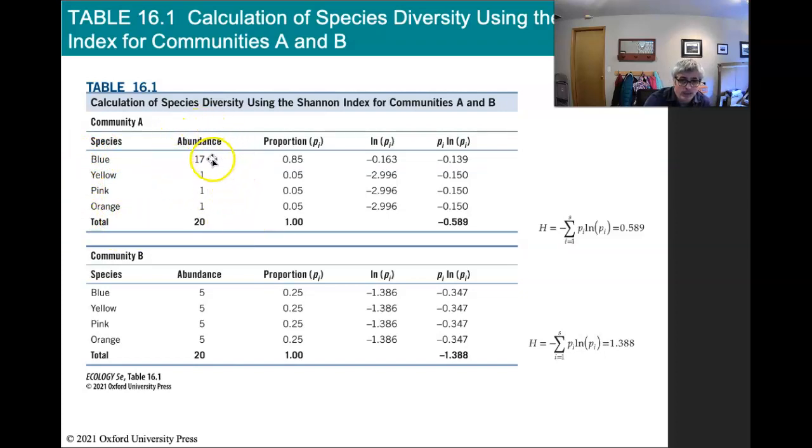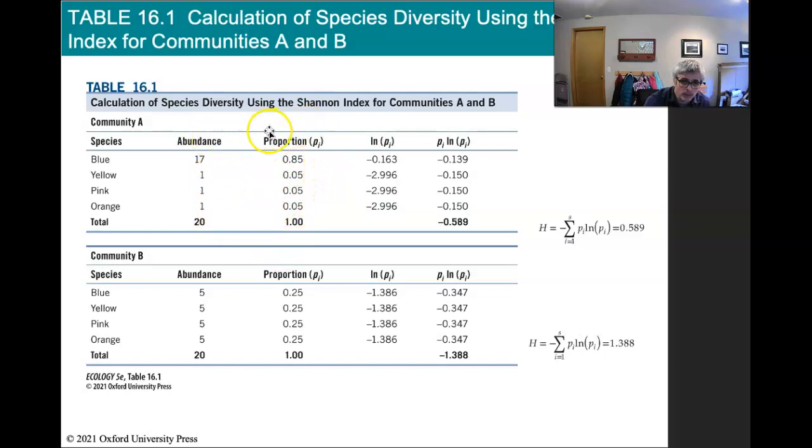In community A, we have 17 blue, 1 of the other 3 species. And so the relative proportion abundance is 0.85. And so that would just be 17 divided by 20. So the number of individuals for that species divided by the total number counted. And then for yellow, pink, and orange, it would be 0.05, so 1 divided by 20.